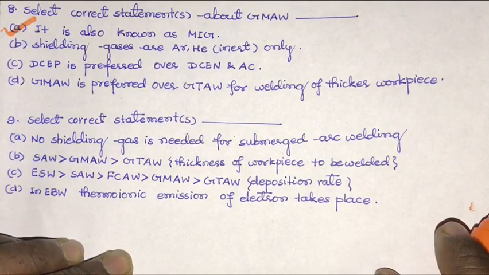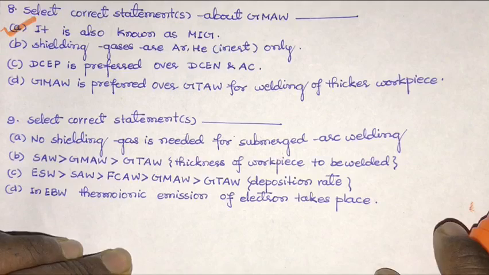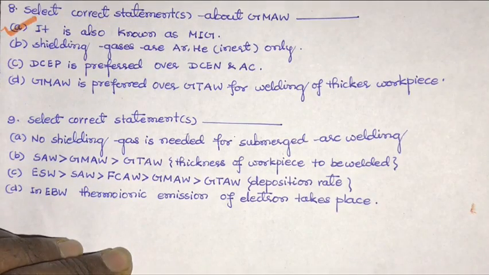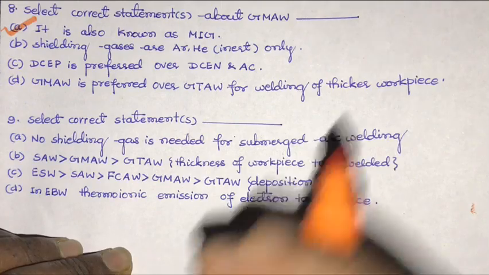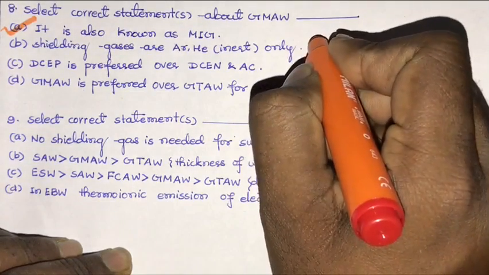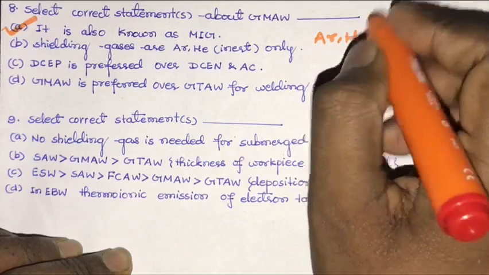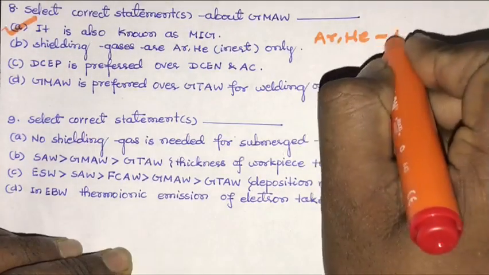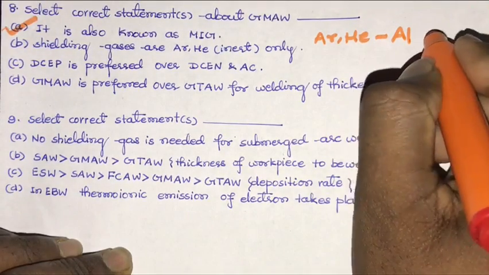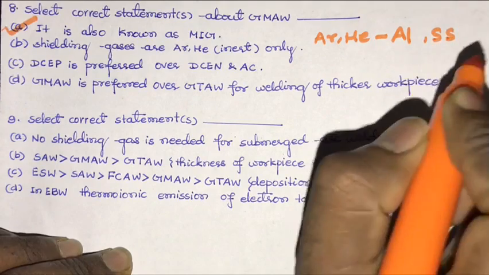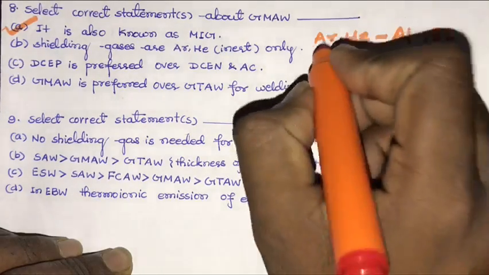Coming to the next: shielding gases are argon and helium, that is inert gas only. This is not correct. MIG uses inert gases like argon and helium for the welding of aluminum alloys, stainless steel and alloy steel.